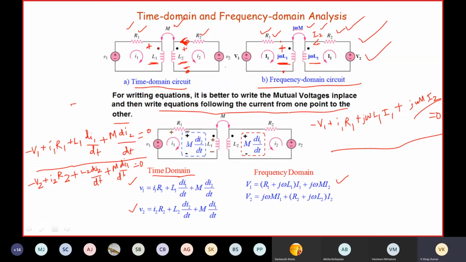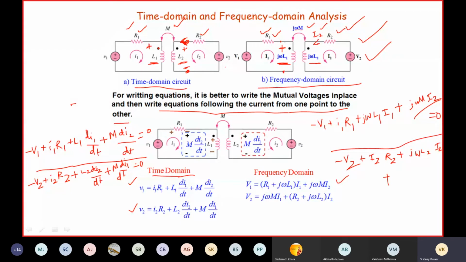Now let us apply KVL around loop 2. If I apply KVL around loop 2, then minus V2 plus I2 R2 plus j omega L2 I2, plus the mutual induced EMF in coil 2 because of the current flowing through coil 1.